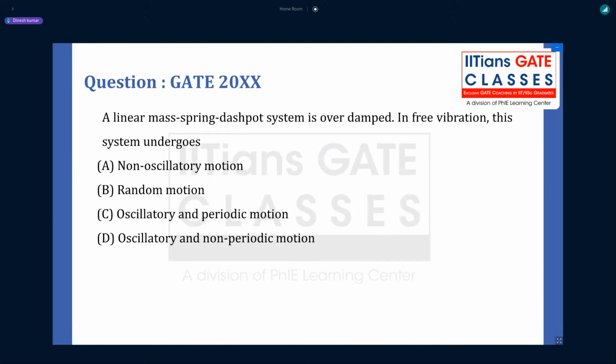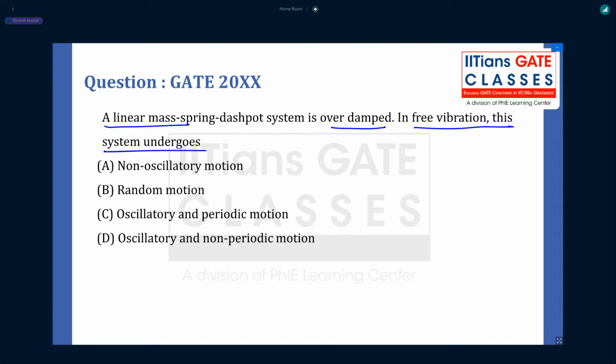What it says: a linear mass spring dashpot system is overdamped. In free vibration, this system undergoes what kind of motion? This is another GATE question from GATE mechanical. So what is the overdamped system? Is it oscillatory or non-oscillatory motion, or random motion? We have seen what kind of motion overdamped is.